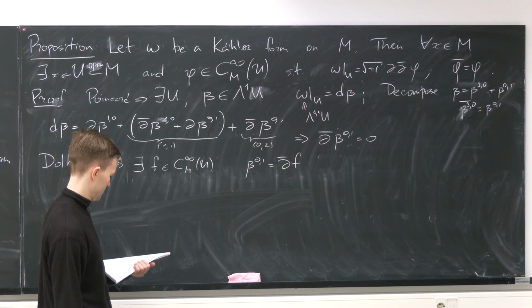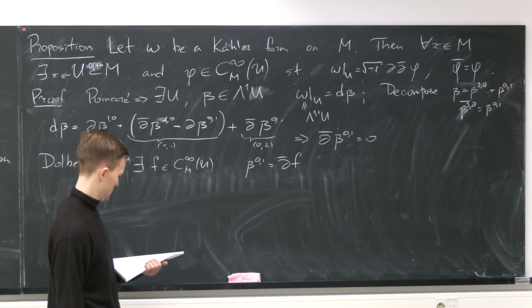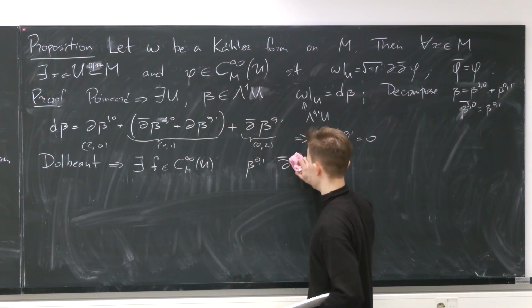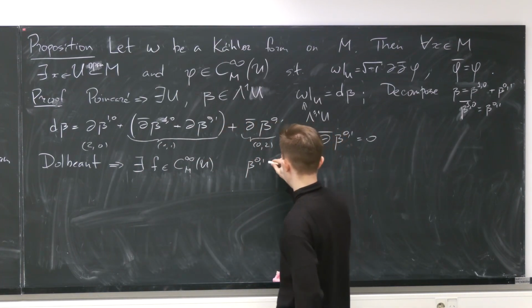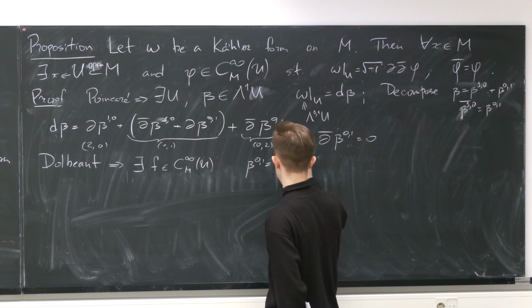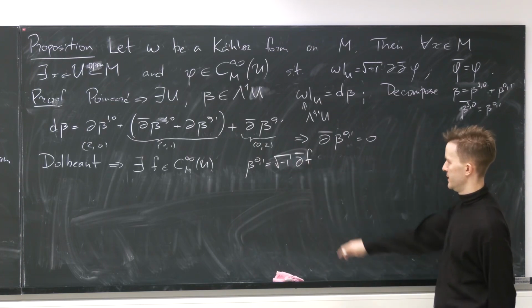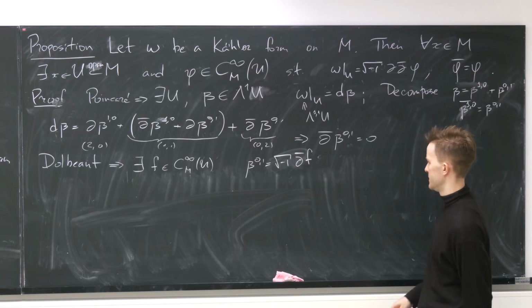Actually, I want to write it like this: the imaginary unit times del bar f. So I just divide f by the imaginary unit if necessary, and then I can assume that I have this.